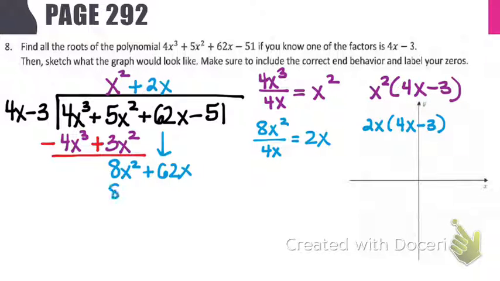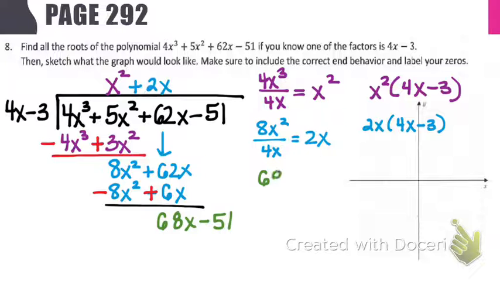And that gives you 8x squared minus 6x. Change both signs. This becomes a negative and this becomes a positive. Add. And that's 68x minus 51.